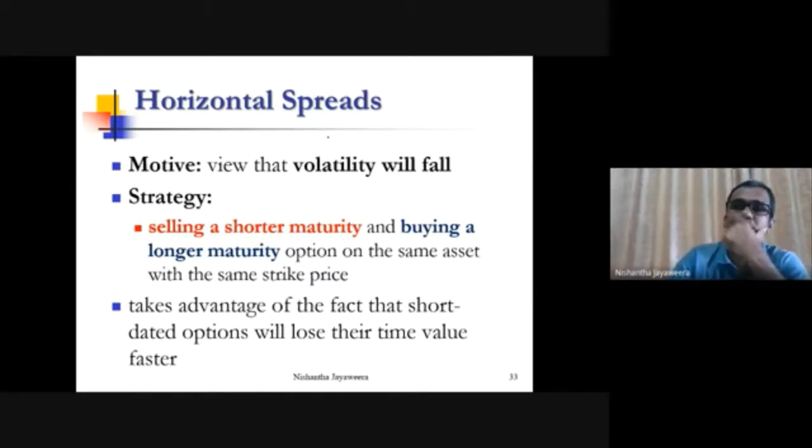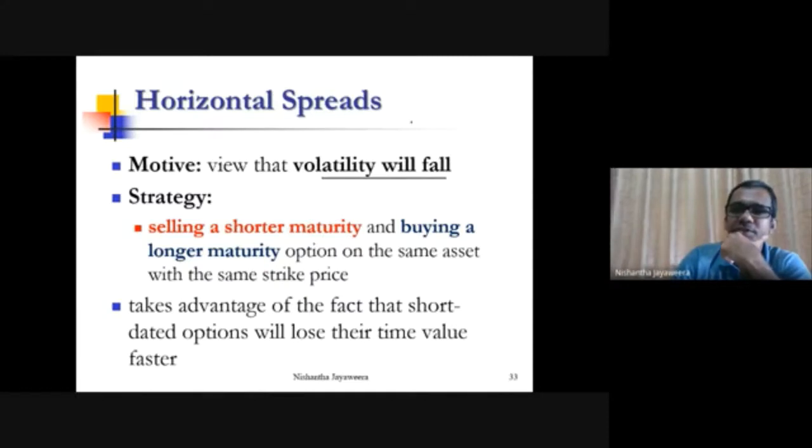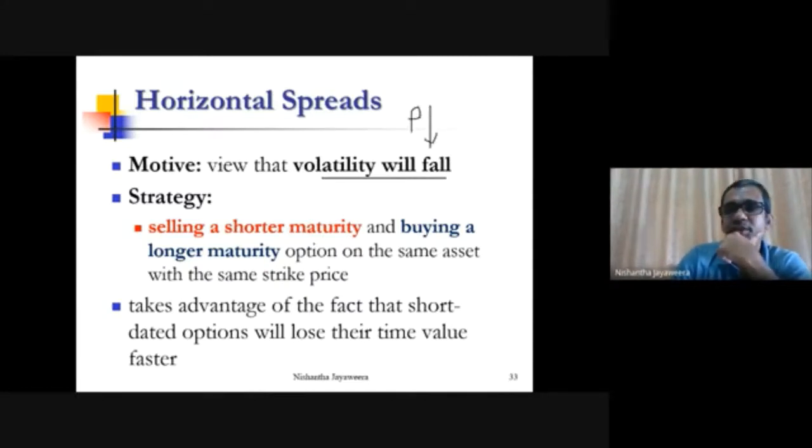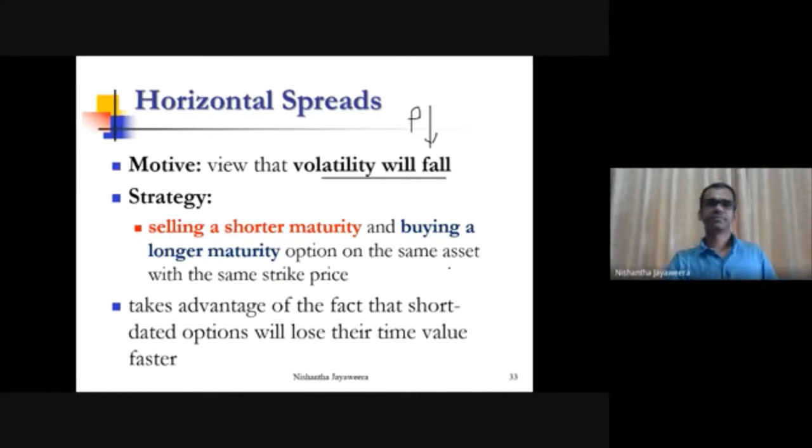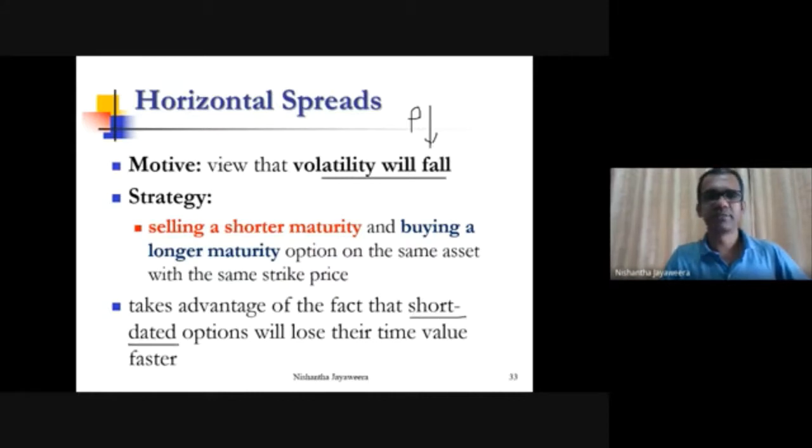So volatility goes down, premium goes down. In which one would you expect the prices to fall drastically? The long dated one or the short dated one? It is the short dated one because of the erosion of time value.